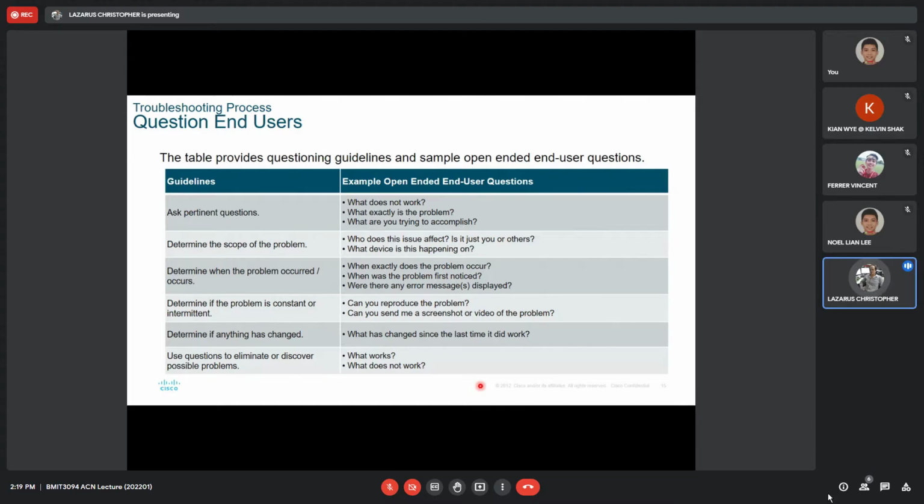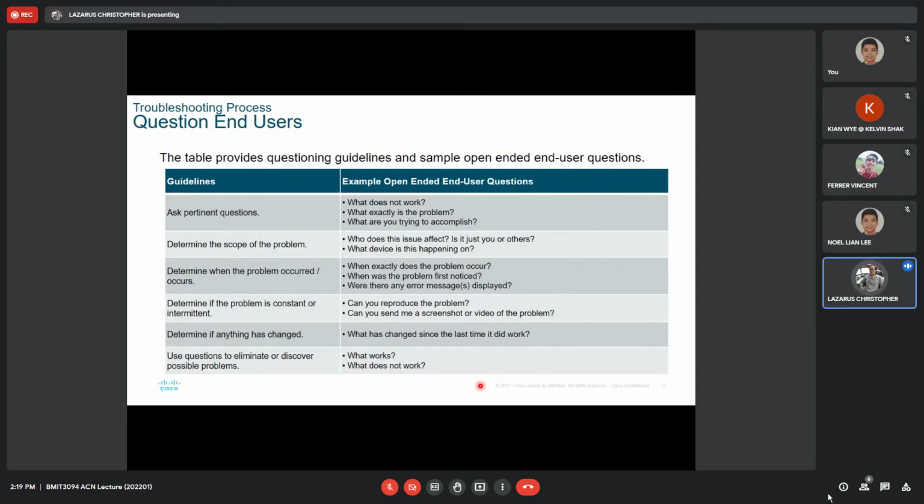Find out if there was any change. Maybe there was a Windows update, or maybe you made changes in one of the switches. You made changes in something in the ACL or something. So it may be related. Is there anything that changed since the last time it was still working? Right.